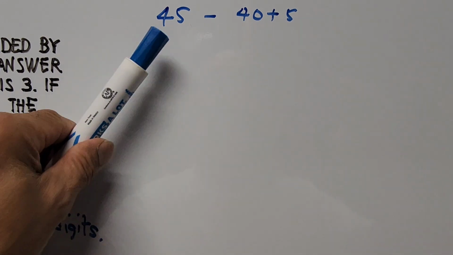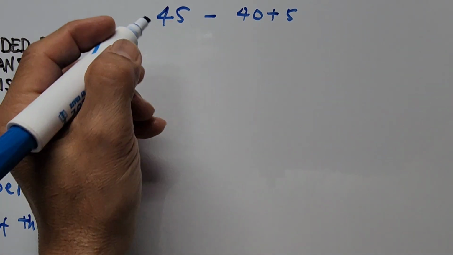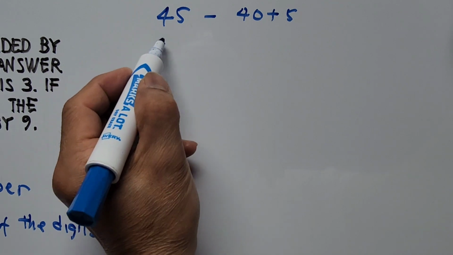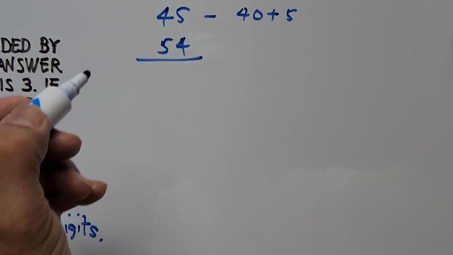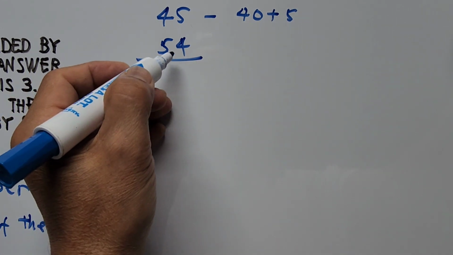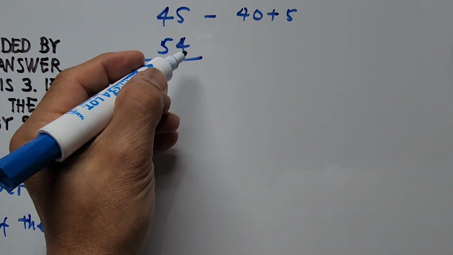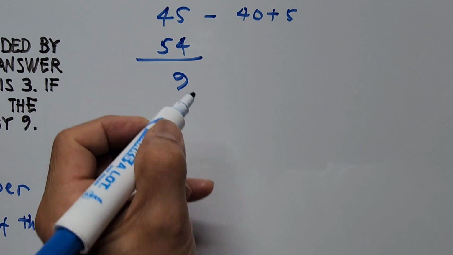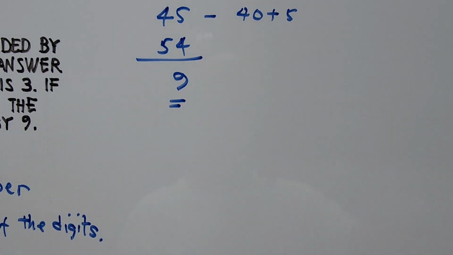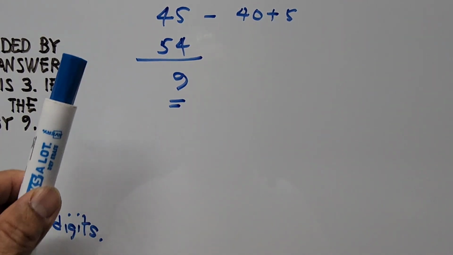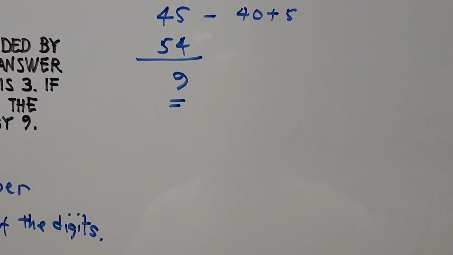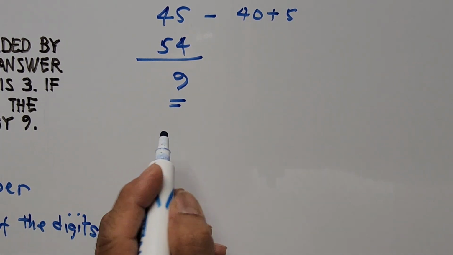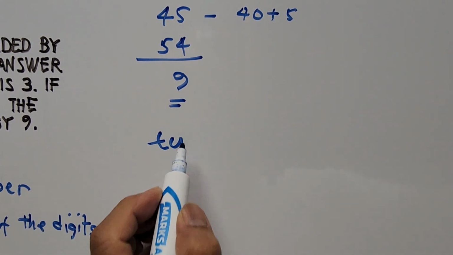Going back to number 45. If we reverse the digits of the number, this becomes 54. What becomes of the new number now? So this will be bigger by 9, right? The new number is bigger by 9, since 54 minus 45 is 9. And our number is represented by letters T and U, right?